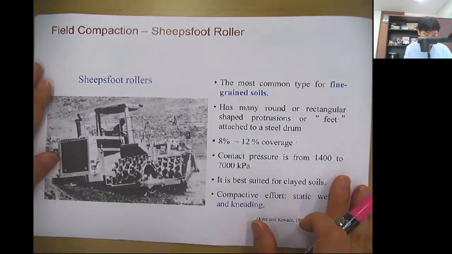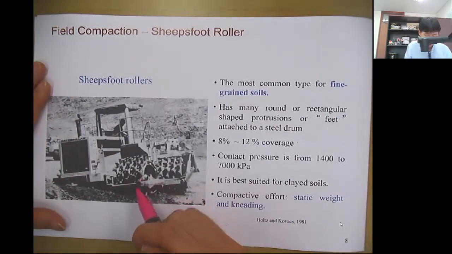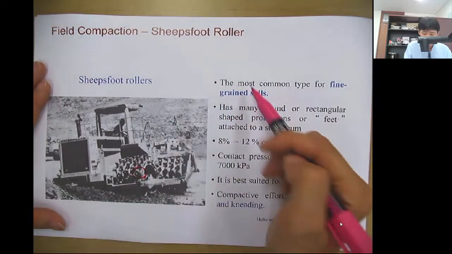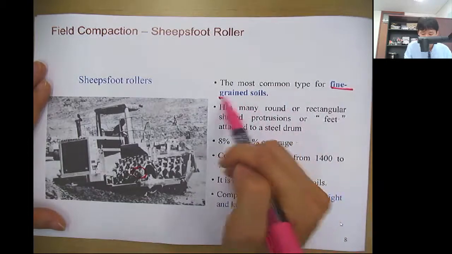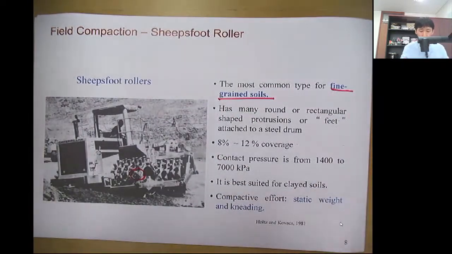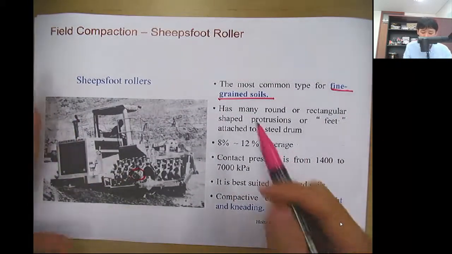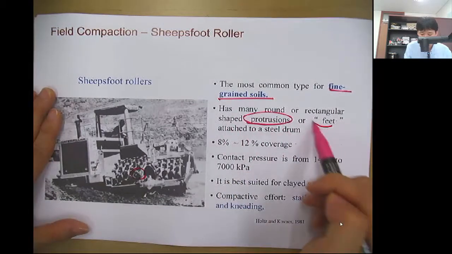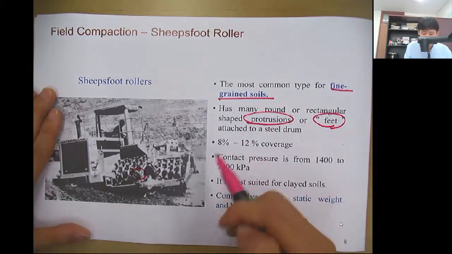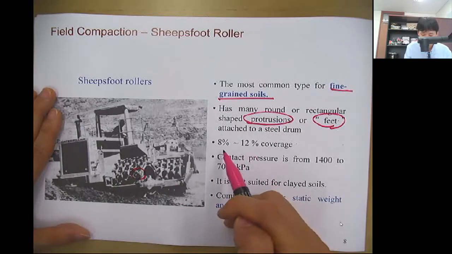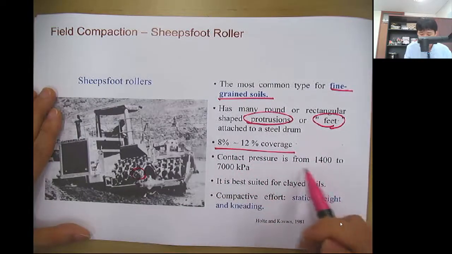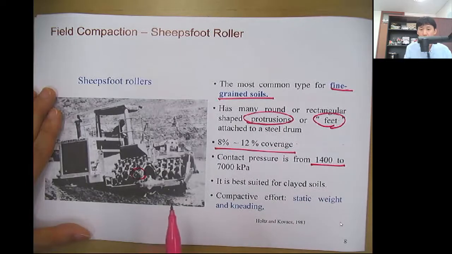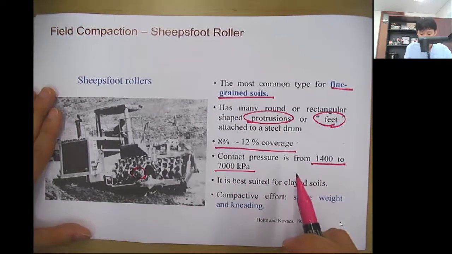And the sheep's foot roller, you can see that the drum has protrusions like this. This is the most common type for fine grain soil because it has a kneading effect. It has many round or rectangular shaped protrusions, or feet, attached to the steel drum. It has 8% to 12% coverage, and contact pressure is from 1400 to 7000 kilopascals.